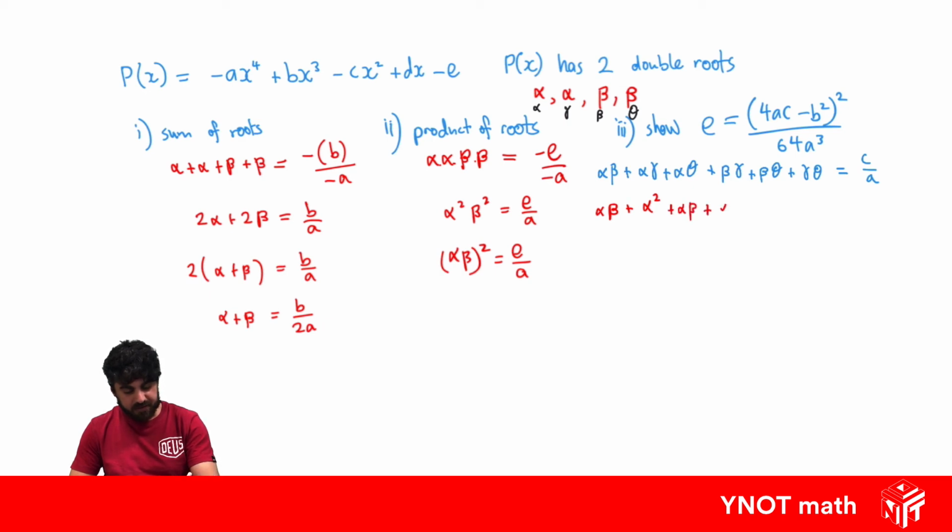Gamma is alpha, so it's just another alpha beta. Theta is beta, so it's just going to be beta squared. And gamma is alpha and theta is beta, so that's another alpha beta. Now C is actually negative C in our equation, and A is negative A. So collecting like terms here, there's 4 alpha betas, so we can say 4 alpha beta plus alpha squared plus beta squared equals C over A.